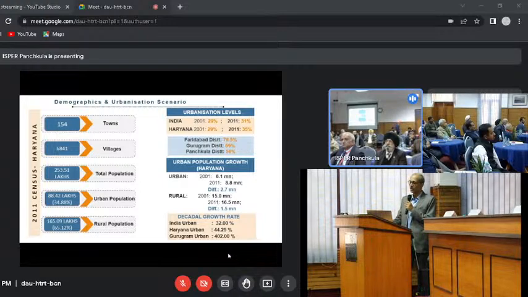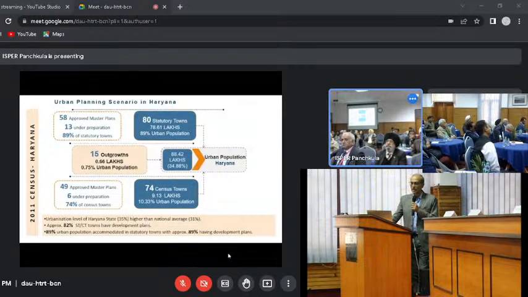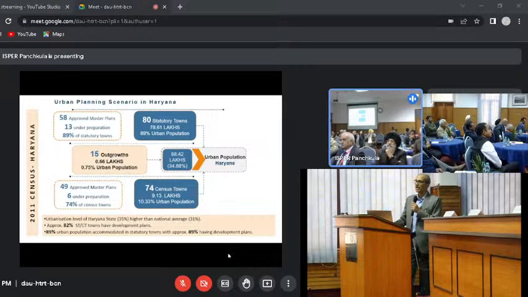So that's important. From the development plan perspective, approximately 82% of the statutory towns or census towns already have development plans prepared, and close to 89% of the urban population is accommodated in these development plans.